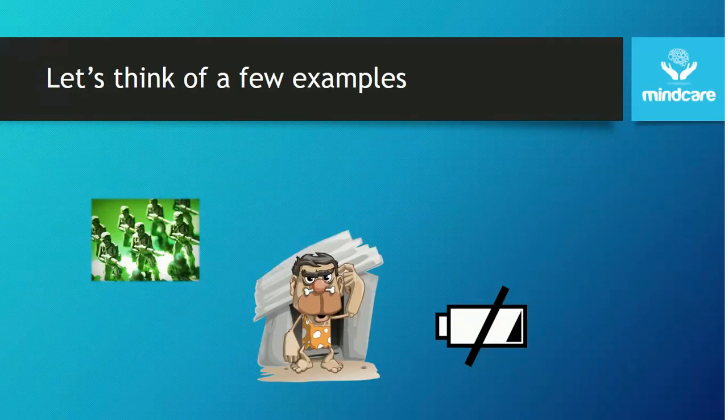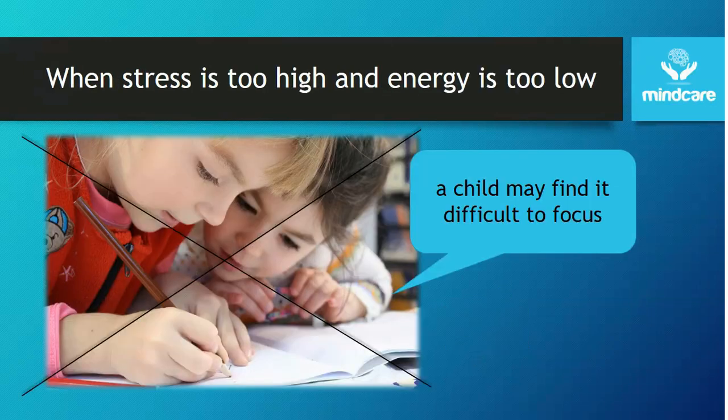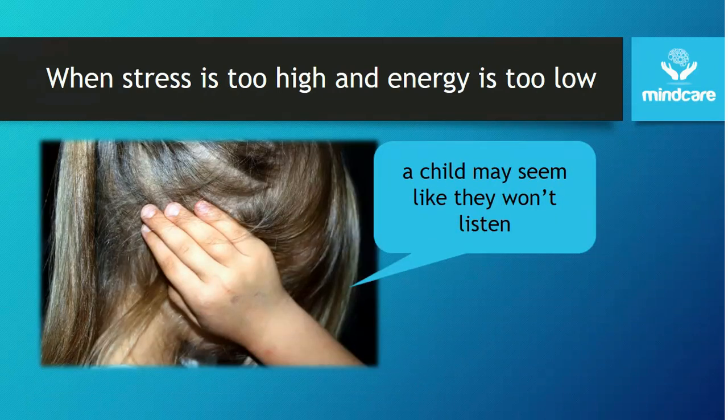So let's think of a few more examples of when we run out of energy and we cannot deal with the high stress. For example, in school or at home, when the kid is doing homework, a child may find it difficult to focus, which is a typical stress reaction. They may seem like they won't listen.